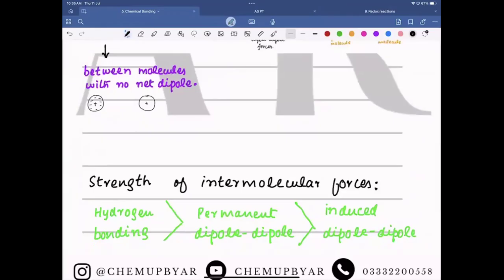See, the electrons or the negative charges are uniformly distributed. That's why it doesn't have any dipole, right? Yes, sir. Okay.